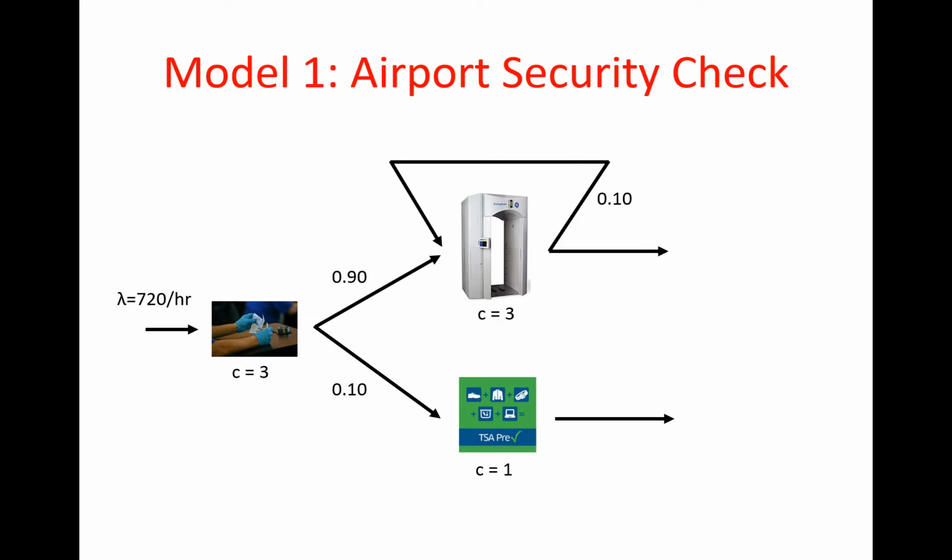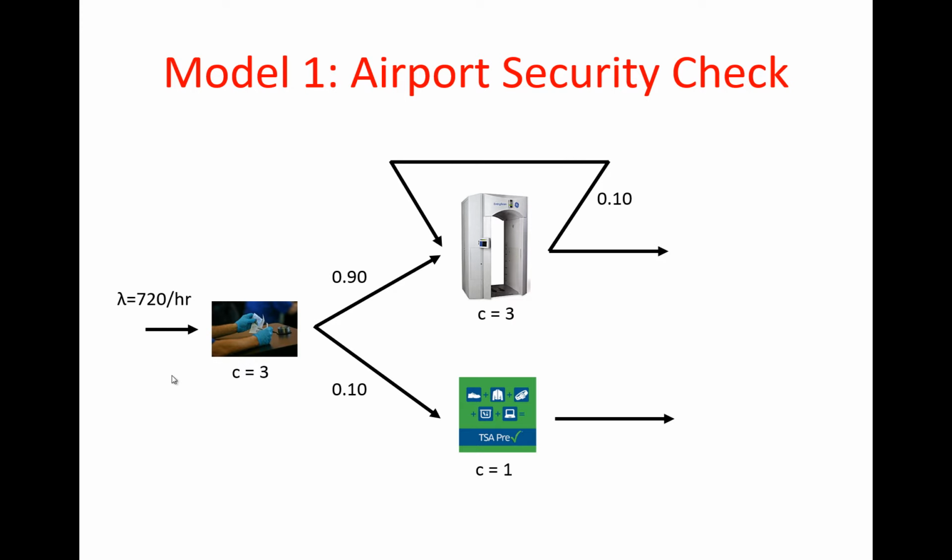So as you can see in this model, we assume that passengers arrive at a rate of 720 per hour into this security checkpoint system, and 90% of the passengers are regular people that go through the regular screening equipment.